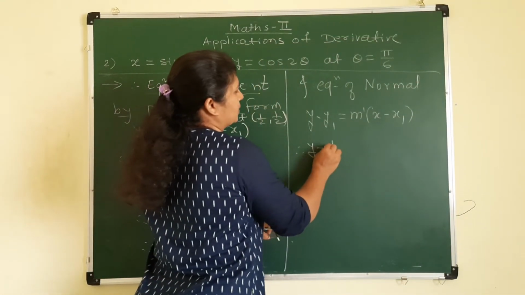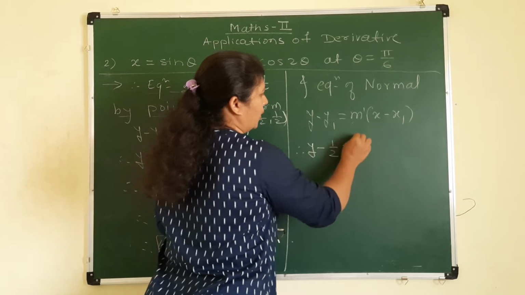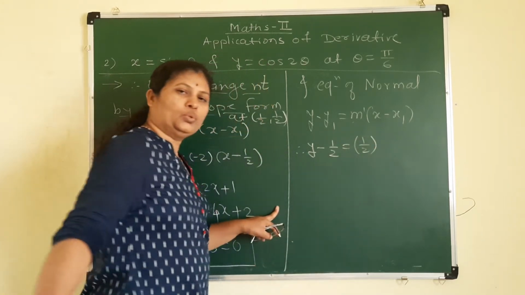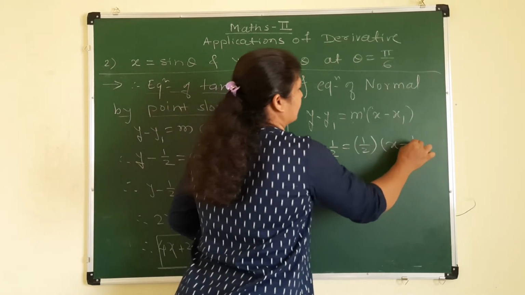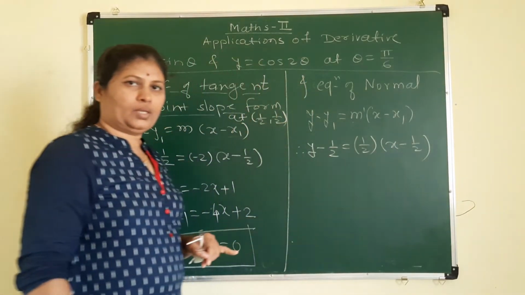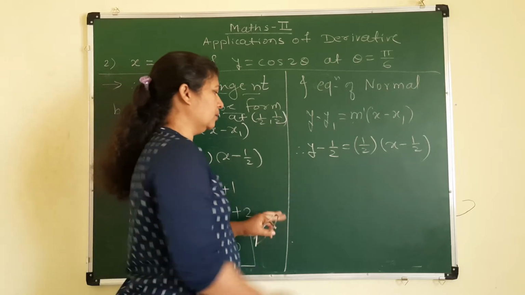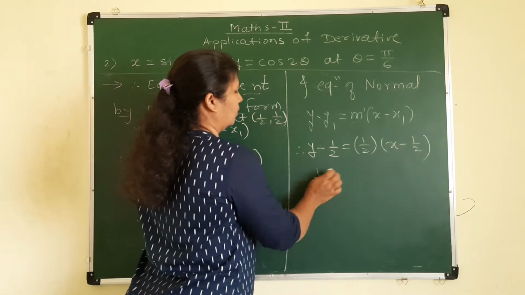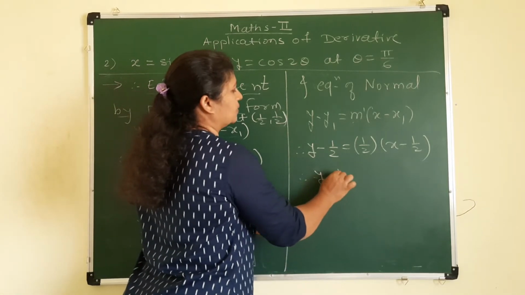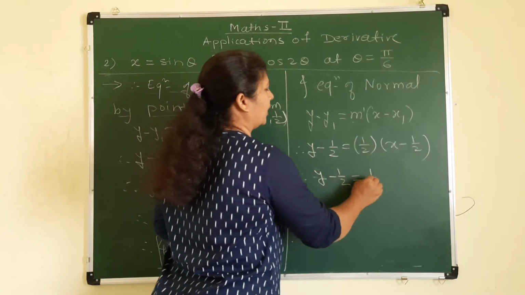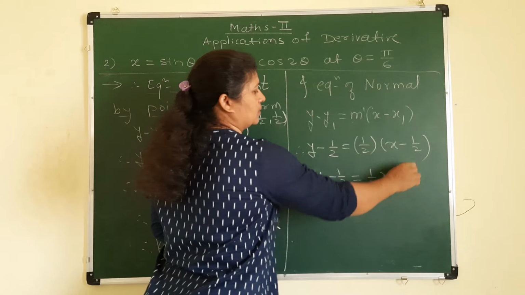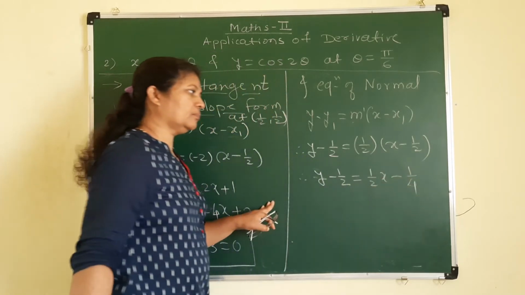Therefore, y minus 1 by 2 is equal to m dash, that is 1 by 2, the slope of normal, into x minus 1 by 2. Simplify this. Therefore, y minus 1 by 2 is equal to 1 by 2 times x minus 1 by 4.